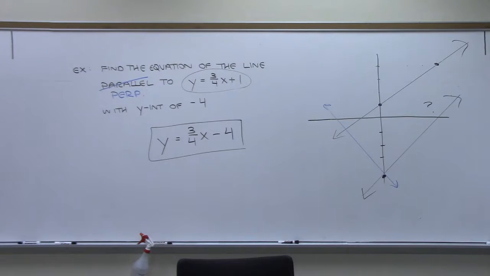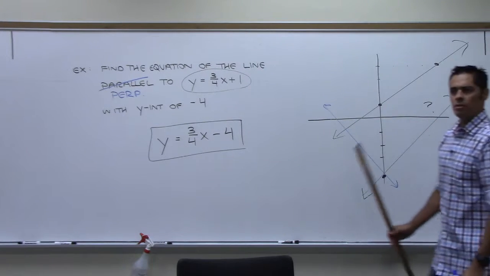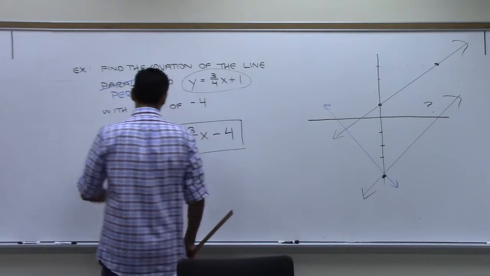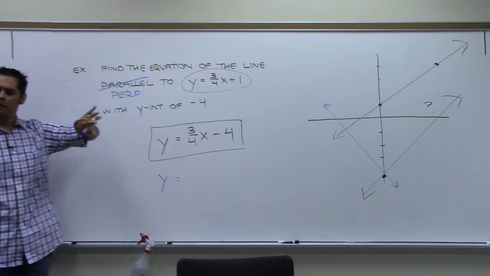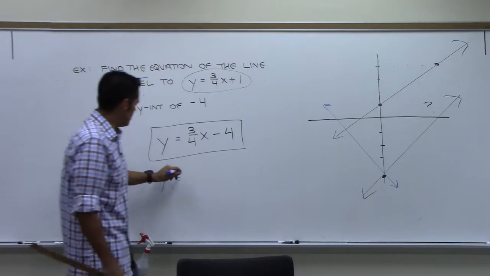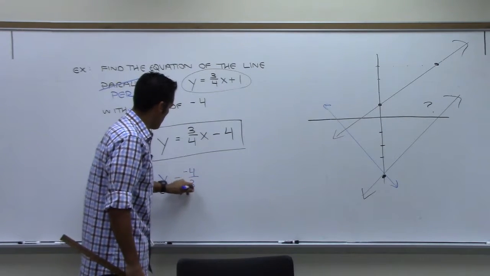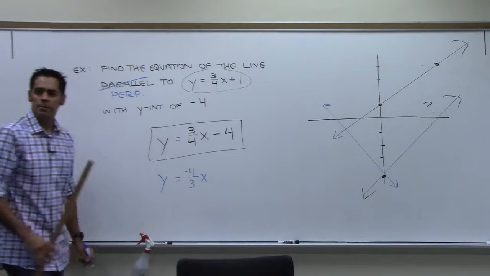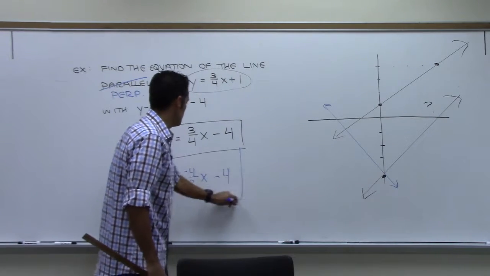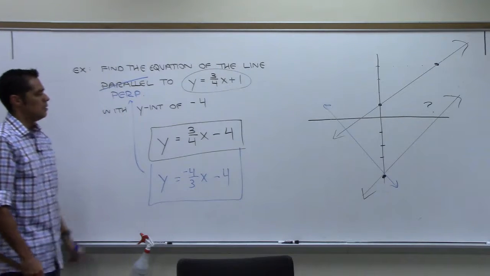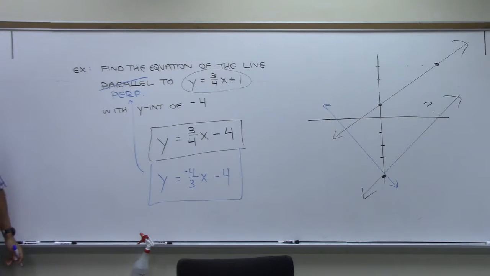Right? What would change? Just the slope, right? The slope would have to be not 3/4, but -4/3, so I'd flip it and change the sign. And what about the y-intercept? Same thing, so -4. See the difference between those two problems?